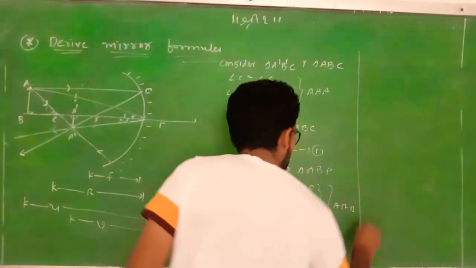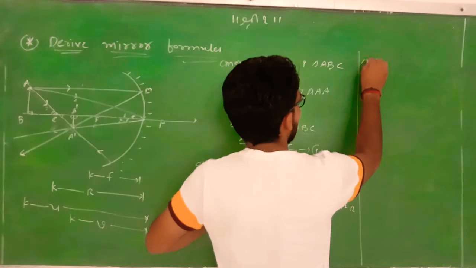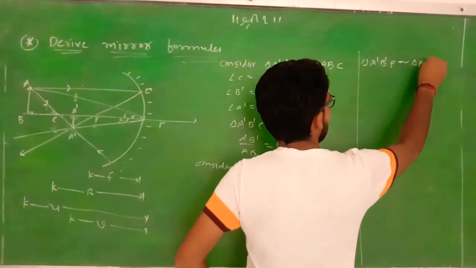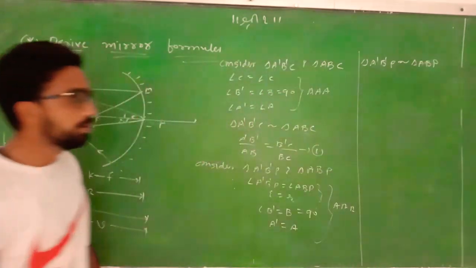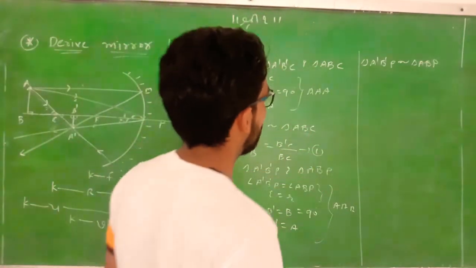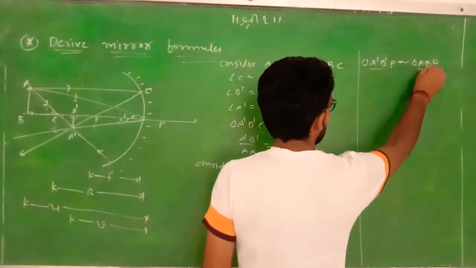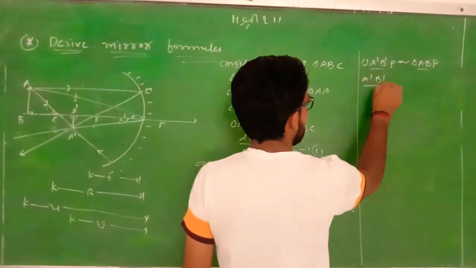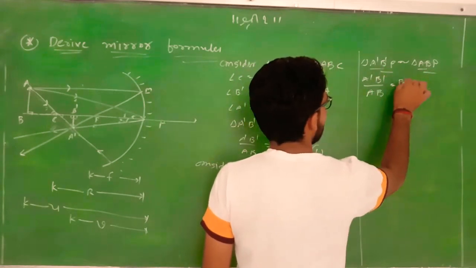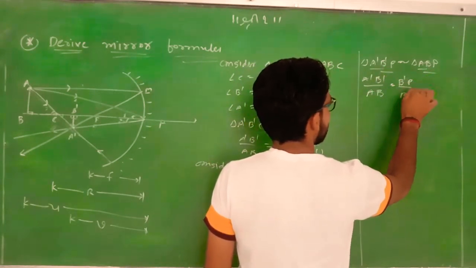So here triangle A'B'B is similar to triangle ABP. If these two triangles are similar, their respective side ratios are equal. First of all, take A'B' divided by AB, then B'B and BP.